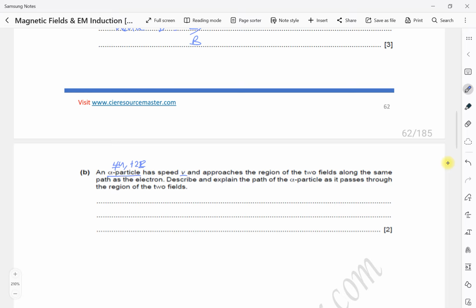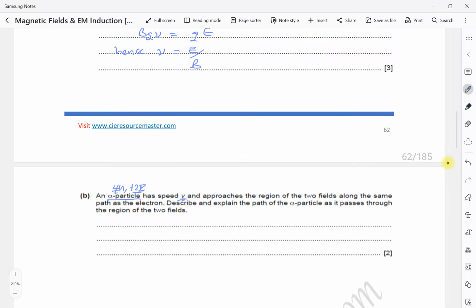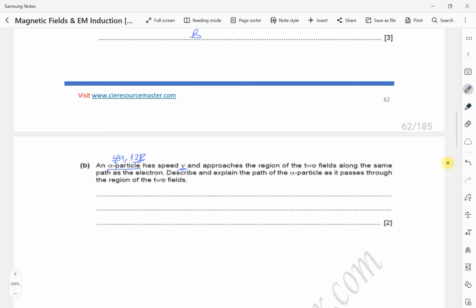Even though it has a different mass, a different charge, it has the same speed, and the speed equals E over B. That is, the speed equals the electric field strength divided by the magnetic flux density. So if its speed is equal to E over B, it will still go through undeviated. So the question is, describe and explain the path of the alpha particle as it passes through the region of the two fields.